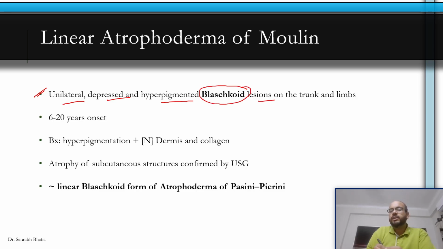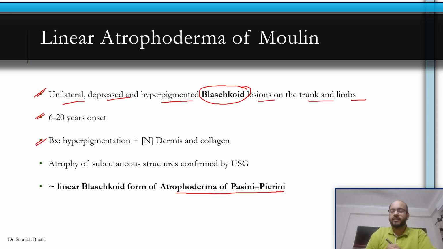So these are Blaschkoid lesions on the trunk and limb. A good way to remember is that it looks exactly like atrophoderma of Pasini and Pierini, but in atrophoderma of Pasini and Pierini, it was on the trunk, while the Moulin variant is a linear Blaschkoid distributed lesion. So it is distributed along the lines of Blaschko. The age of onset is about 6 to 20 years.